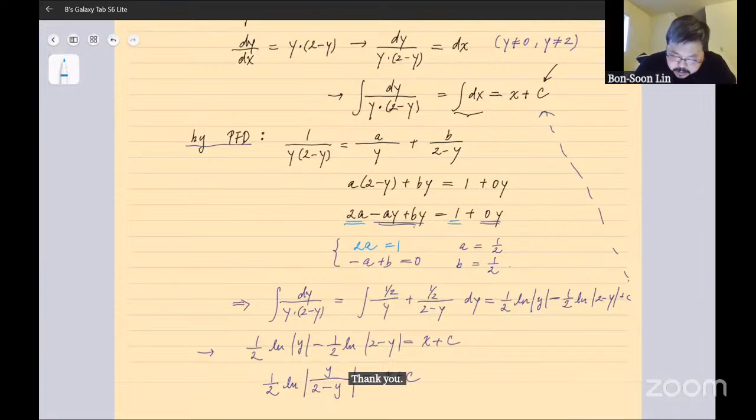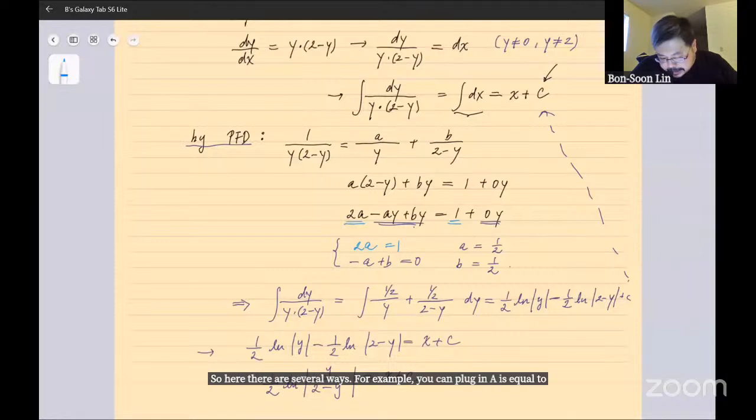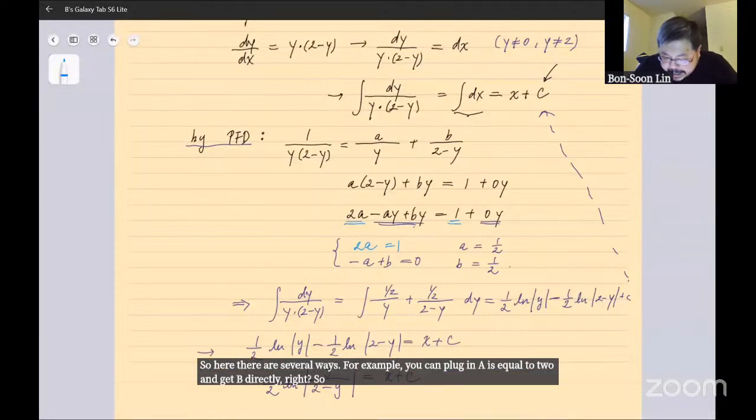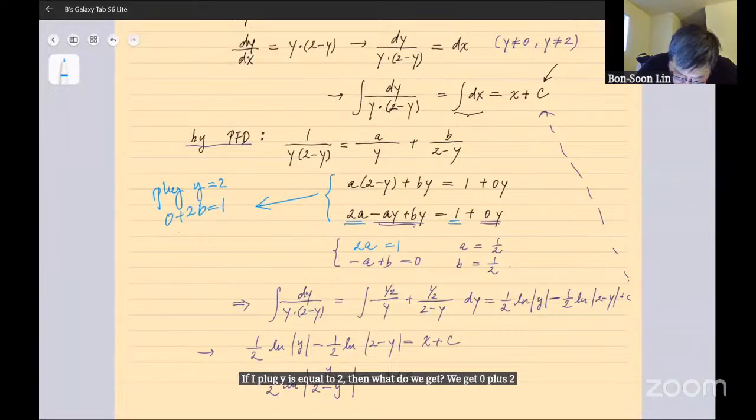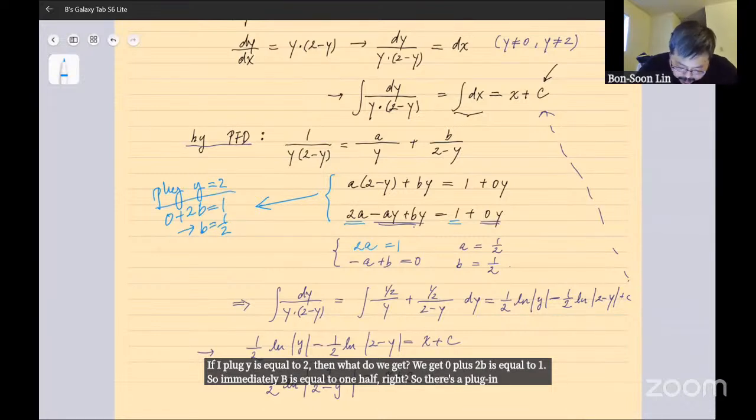So here there are several ways. For example, you can plug in y equal to 2. If I plug in y equal to 2, then what do we get? We get 0 plus 2B is equal to 1. So immediately B is equal to 1/2, right? So there's a plug-in-numbers method.